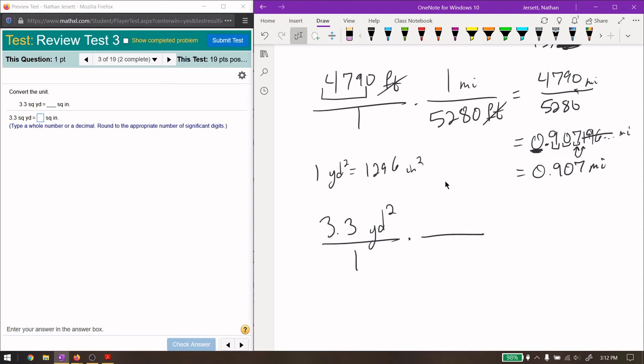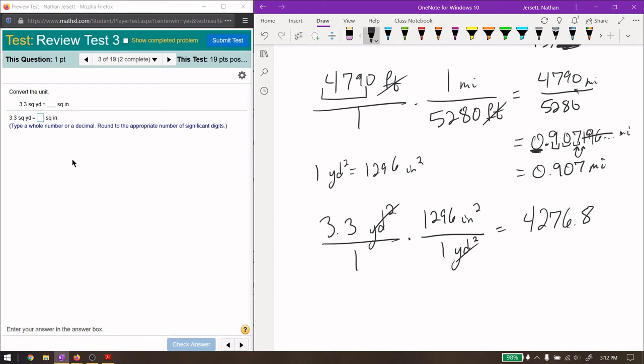Okay, and that means we can do 1 yard squared over 1,296 inches squared. You see the yard squared cancels. Now we have 3.3 times 1,296. This gives us 4,276.8. And this says round to significant digits. We have 2 sig figs here; 3 and 3 are both sig figs.